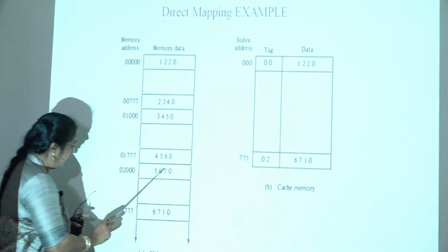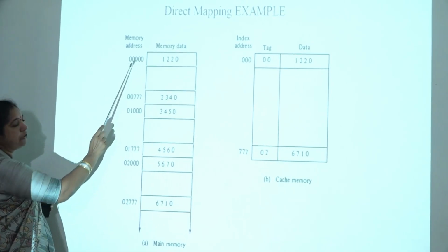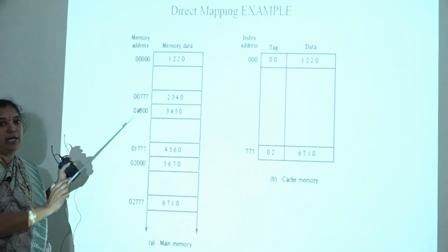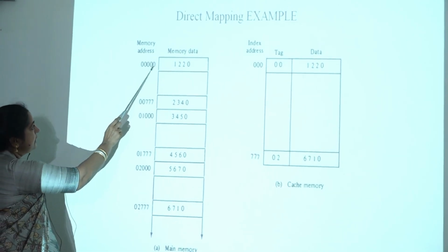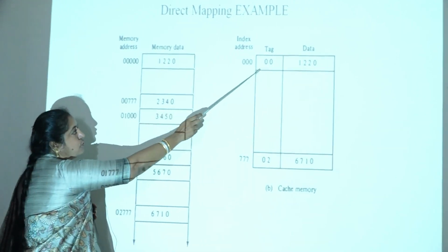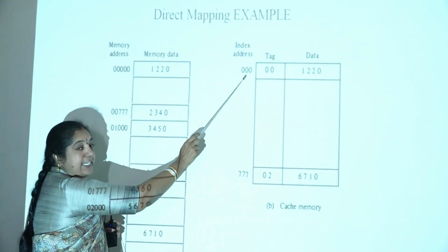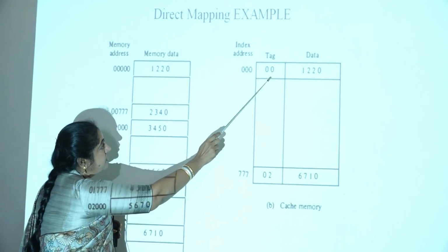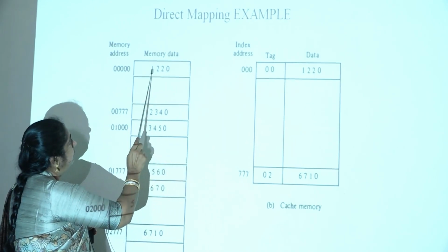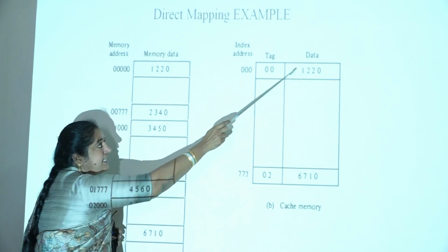This is the cache memory, this is the main memory. For example, 00000: 5 octal digits we have for the address. This is divided into two parts. The first 2 zeros go to the tag and the next 3 zeros go to the index address. In combination with this we have the corresponding word 1220 as the data.